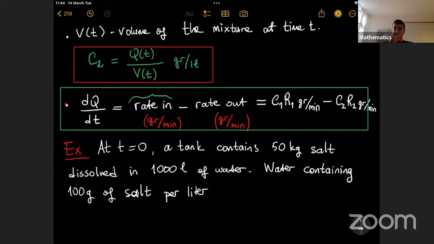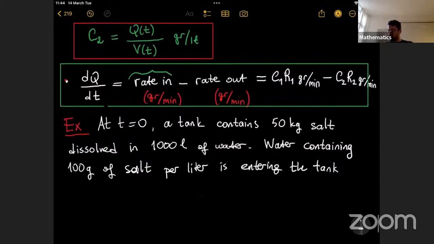So this is the concentration of the salt flows in, is entering the tank at a rate of 30 liters per minute.